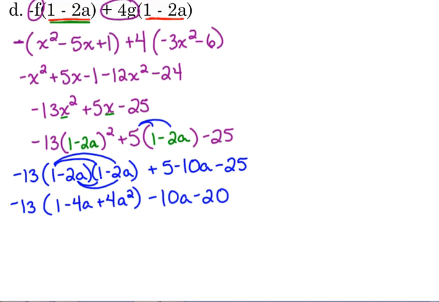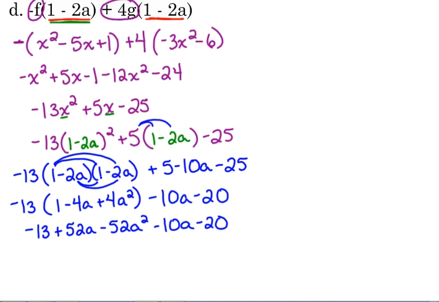We're almost there. Distribute that negative. So negative 1 plus 4a minus 4a squared minus 10a minus 20.